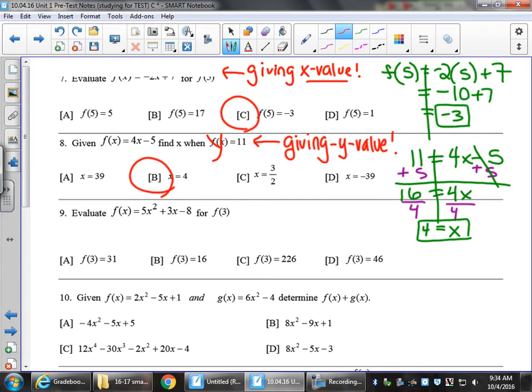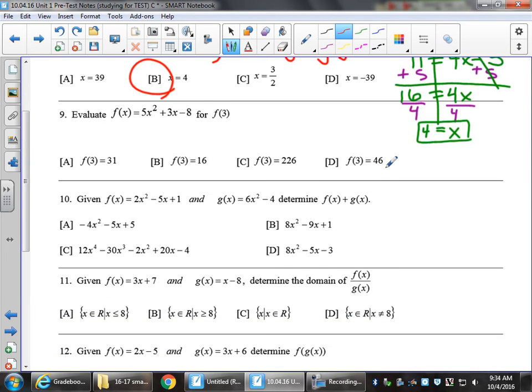Okay, number 9. Go ahead and work on number 9. Yes. Number 9. F of 3. Watch your order of operations. What comes first, multiplication or exponents? Multiplication. Careful. All right, let's talk. F of 3 equals 5 times 3 squared plus 3 times 3 minus 8. Any questions on what I wrote so far?